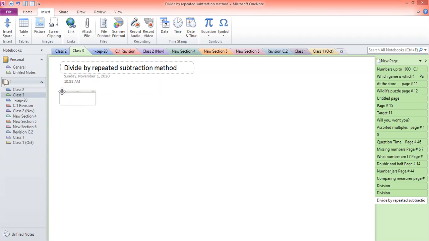Okay, so again I'm going to write here question number 2: solve the following. Guys, write this question in your notebook. Question number 2, solve the following by repeated subtraction method.